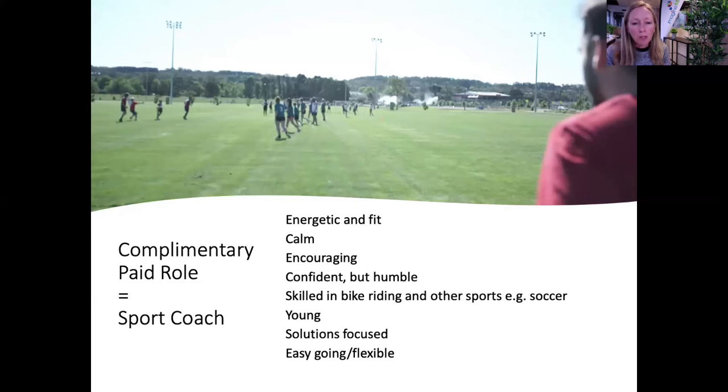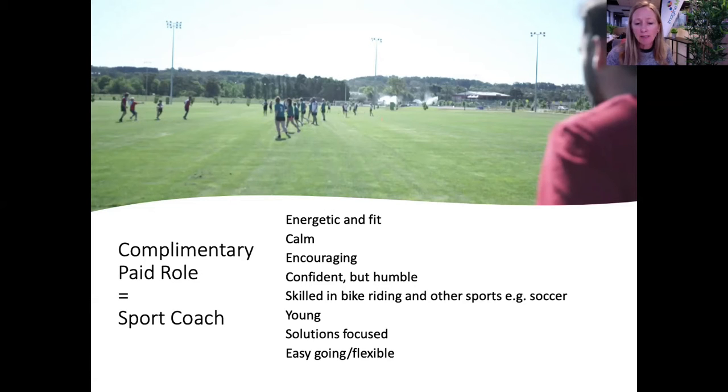So we were looking for someone that was energetic and fit, was quite calm in lots of different situations, very encouraging, really confident, but really important that the person was quite humble. We've learnt over the years, actually, Jack gravitates to staff when they're actually quite humble and fairly quiet, but very confident in supporting him.